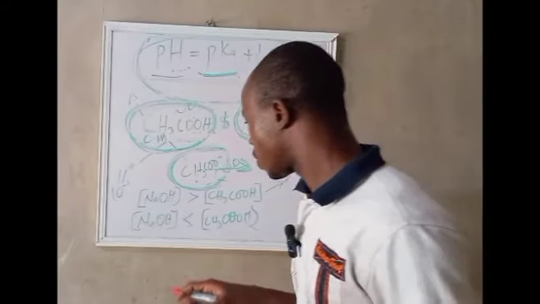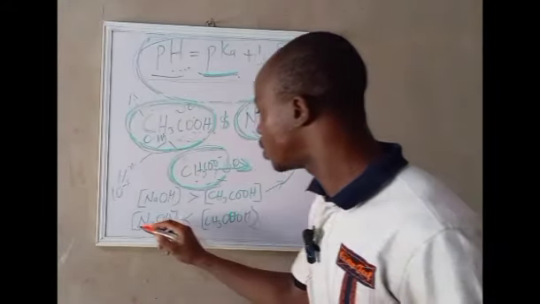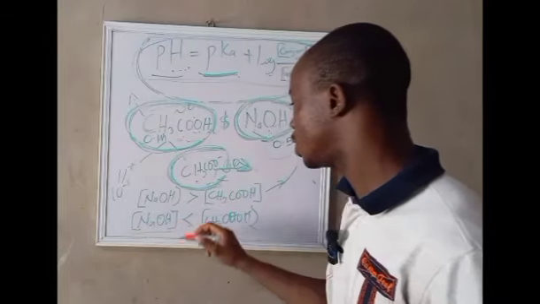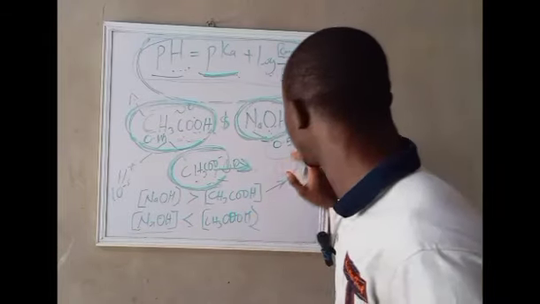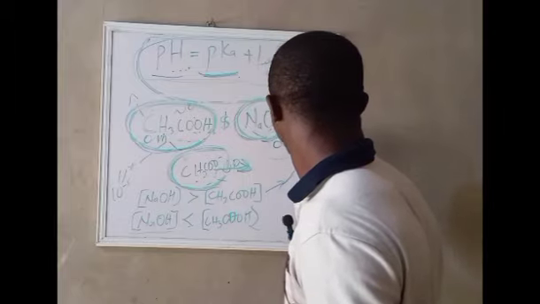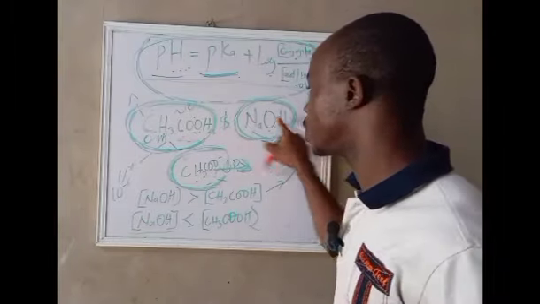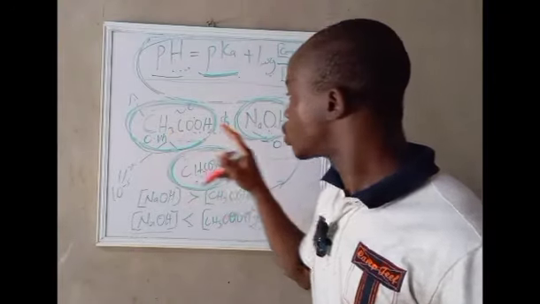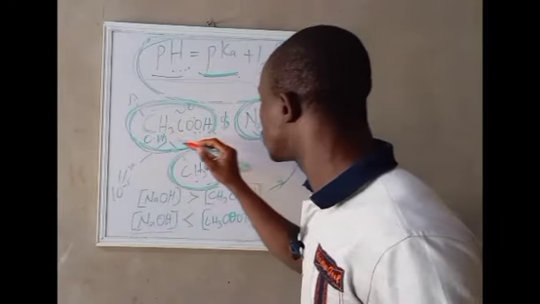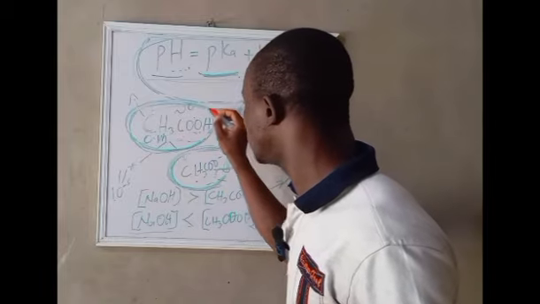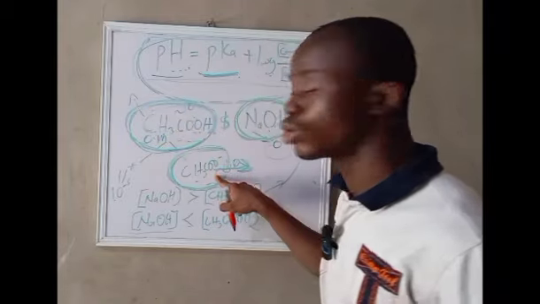Now, in a case whereby the amount of sodium hydroxide you are adding is less compared to this, let's say probably you are adding 0.02 molar of this strong base to this particular system. It is only a small part of this that will be changed to this.